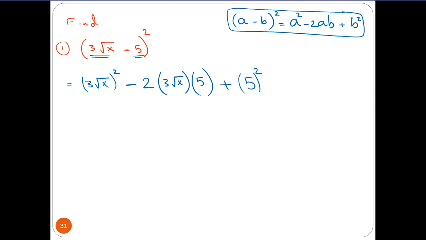Okay, now what's the value of 3 square? 9 radical x square is x, we took this in the last lecture. Minus 2 multiply 3 is 6, multiply 5, so we have 30 radical x. We just multiplied 2, 3 and 5, got 30 and put radical x after it. Then 5 square equal 25.